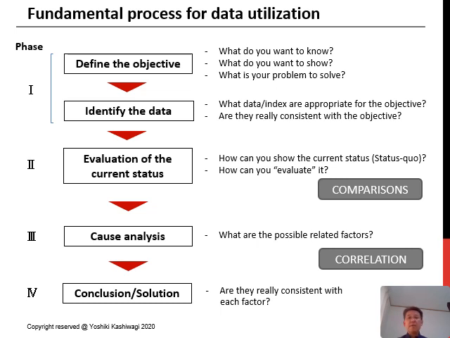Then, how can you evaluate it? For example, even if you can show the total number of students of YNU with a graph or chart, that only shows the result or current status. But if you evaluate the number of students of YNU, how are you going to do it? That is the key question.